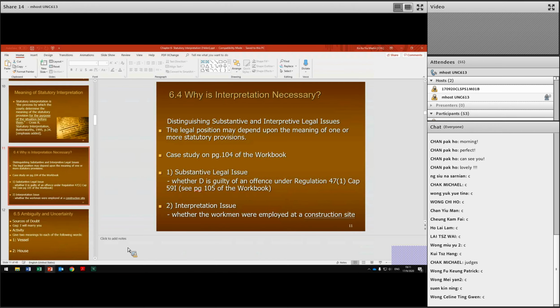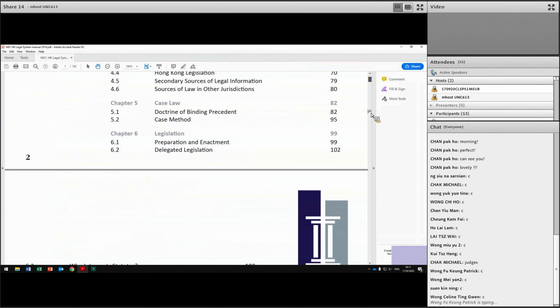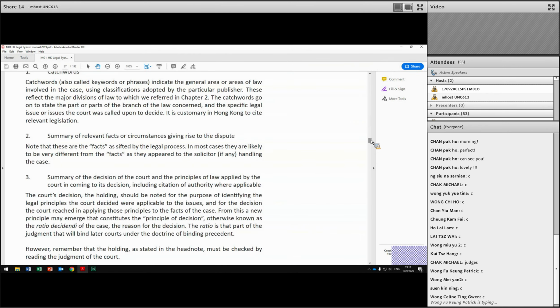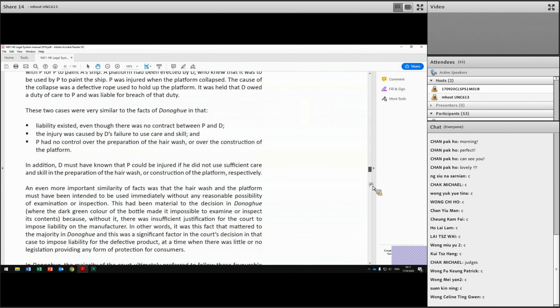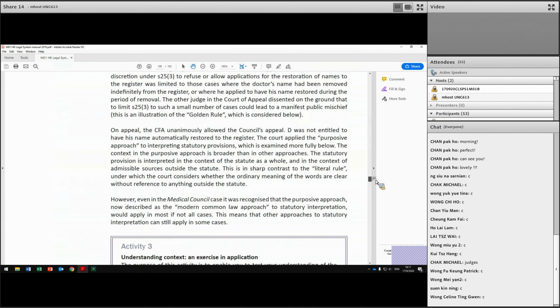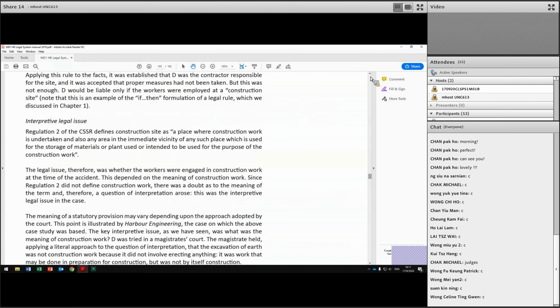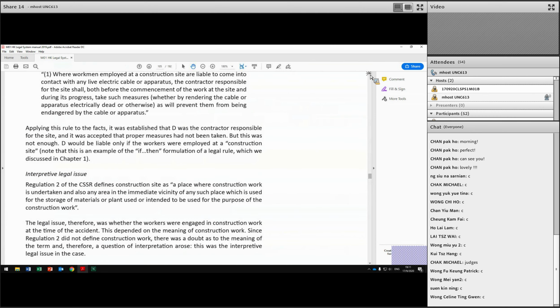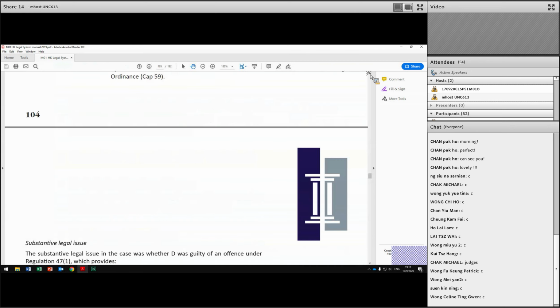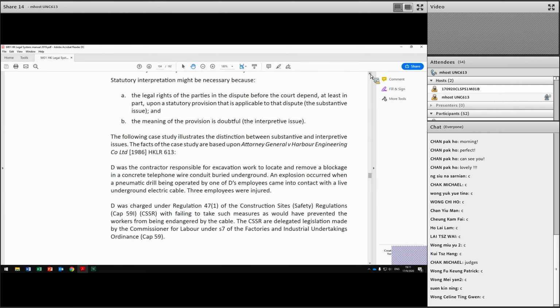Now please go to page 105 of the workbook. So it should be 104. 104.